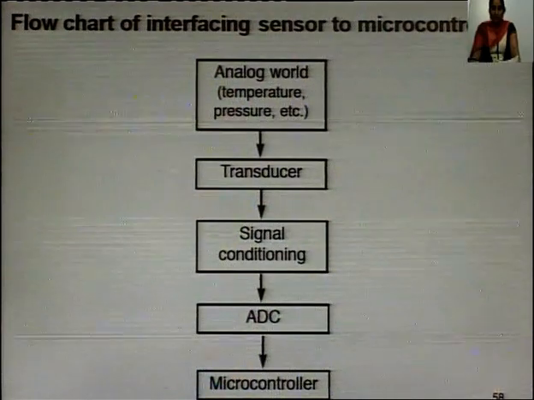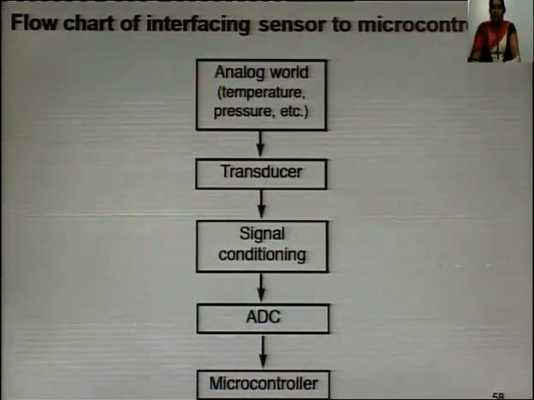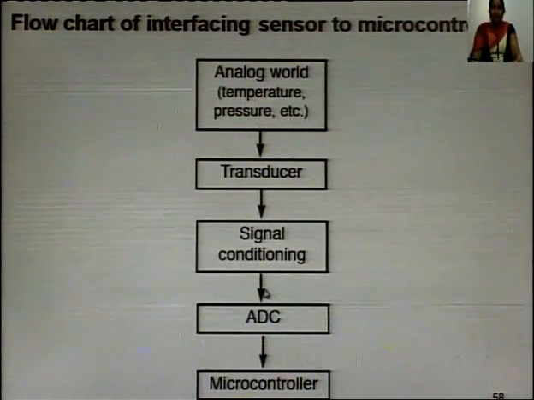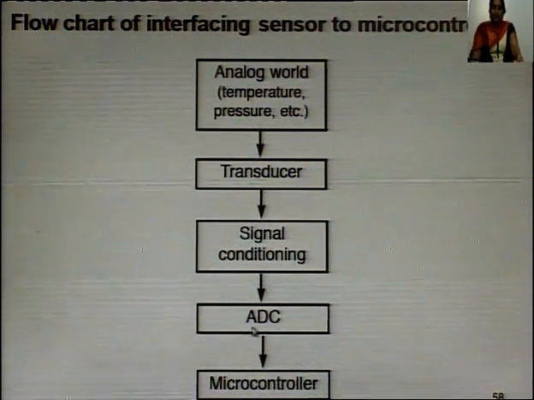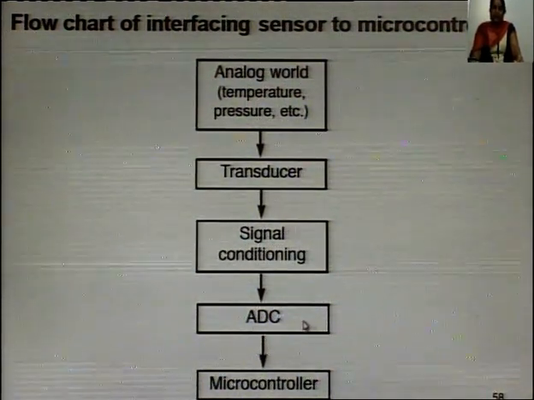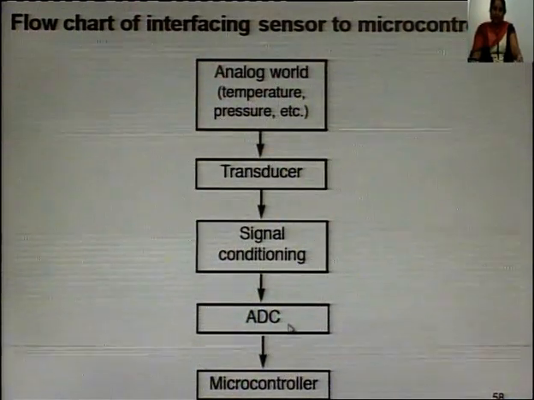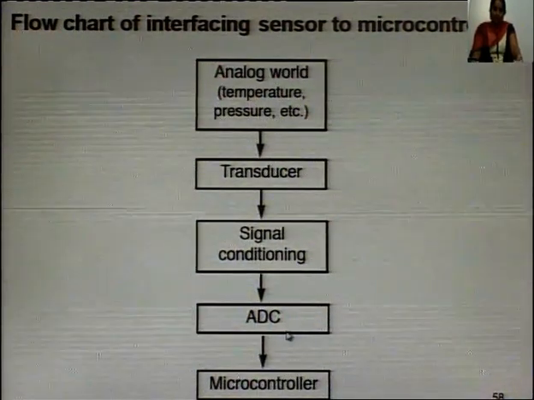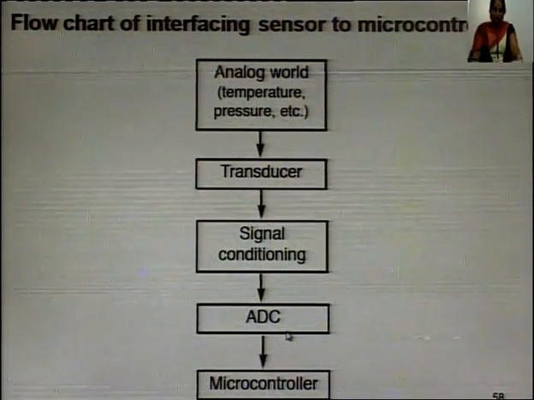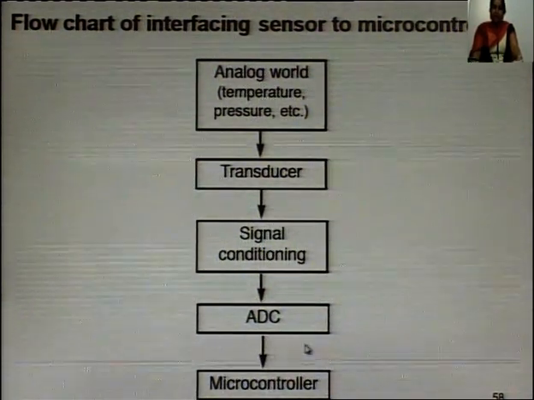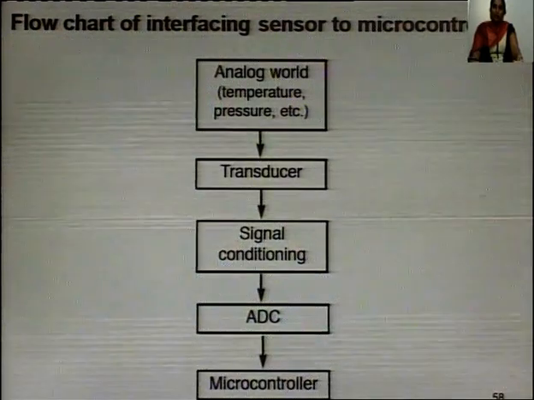This conversion is called signal conditioning. Then we require an ADC. Any ADC such as 0808 or any other can be used. Here we have used the 0848 ADC. Then we send that to the microcontroller.